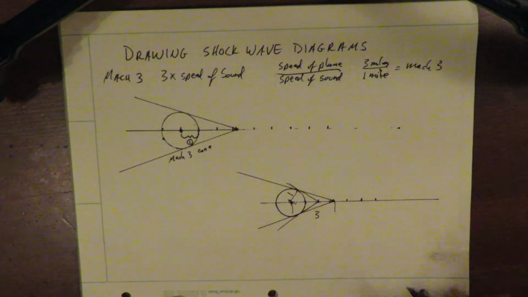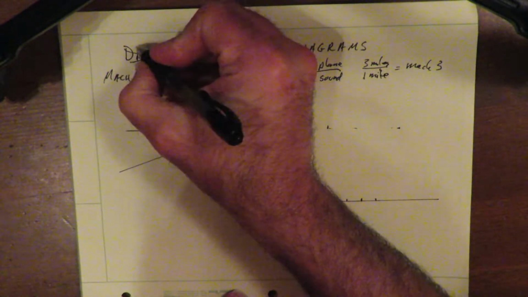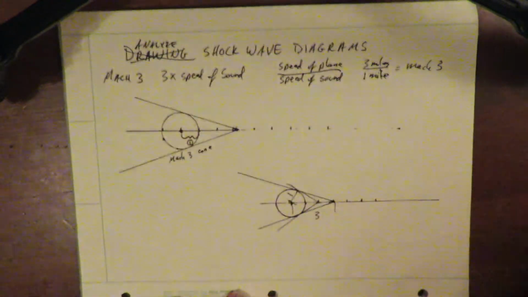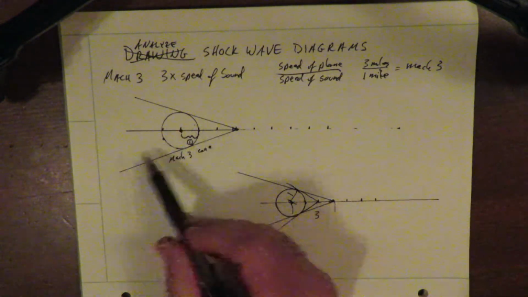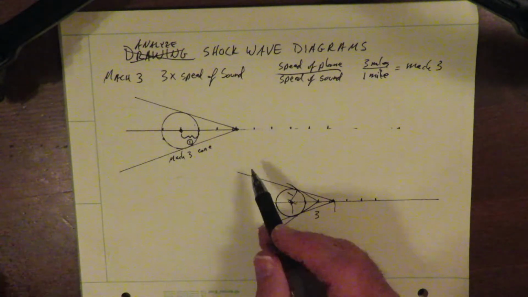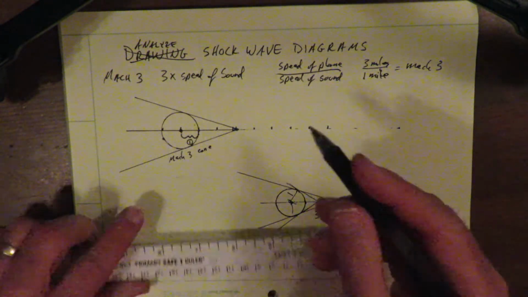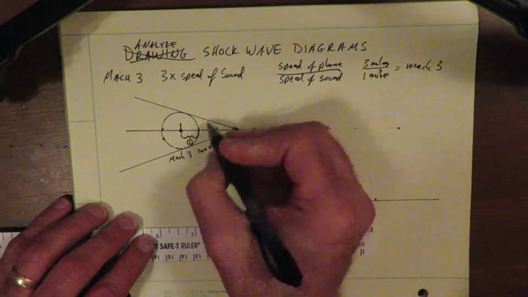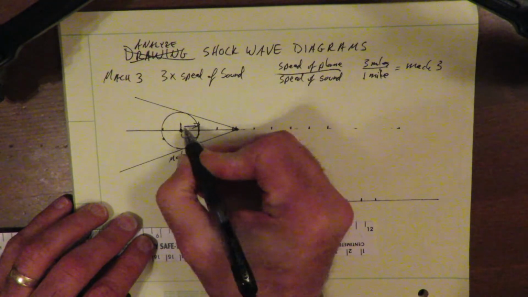Now, how do you analyze shockwave diagrams? Well, that's pretty easy. I might give you a diagram like this and say, hey, how fast is the plane going? And you'd say, well, when the plane was here, it was making sound, and the sound went that far.